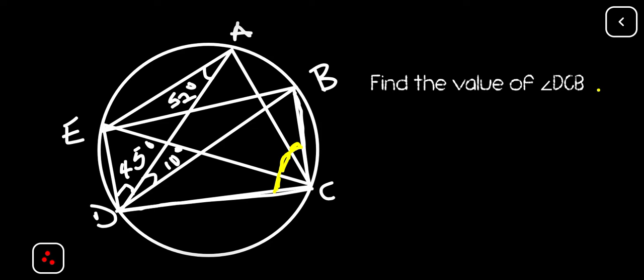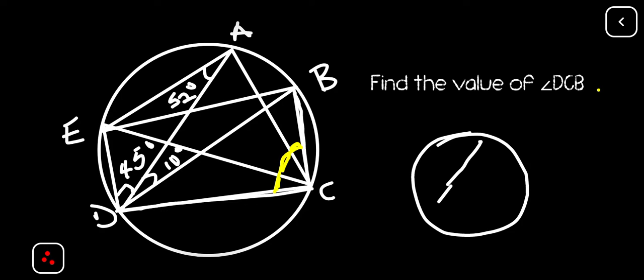If you notice, let's say we have a circle like this, and then you draw an angle subtended at this point, like this, and also like this.